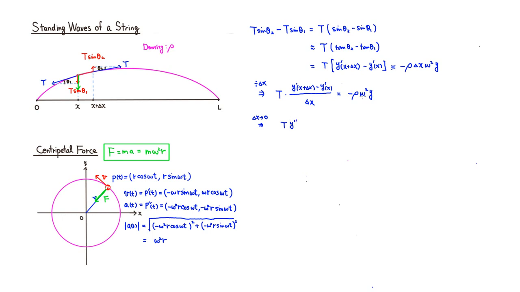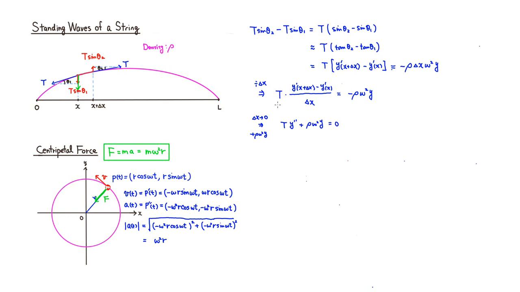I'm going to move this term over to the other side, so it's plus rho omega squared y equal to 0. So I added rho omega squared y.